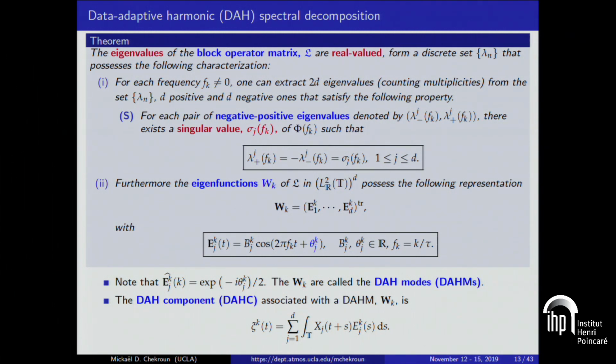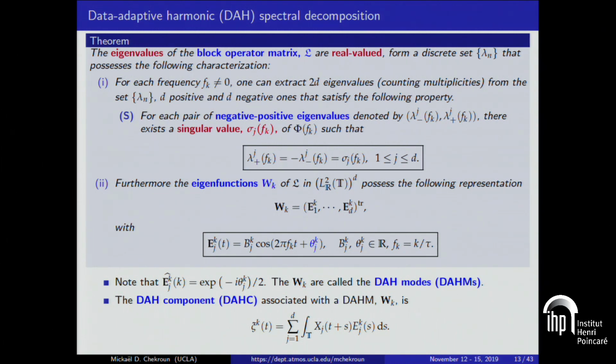And they are exactly equal to the singular values of the cross-spectral matrix at the frequency Fk. So it's very interesting because among all these eigenvalues of this grand matrix formed by the block-Hankel, you're going to extract eigenvalues that can be grouped by pairs and ranked per frequency, and they are given by this singular spectral value.